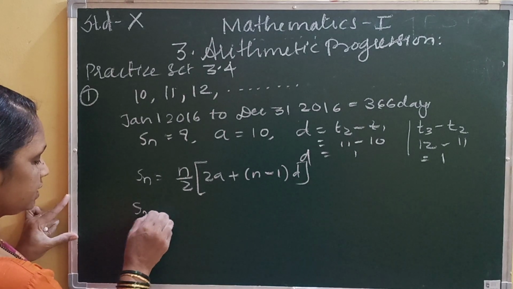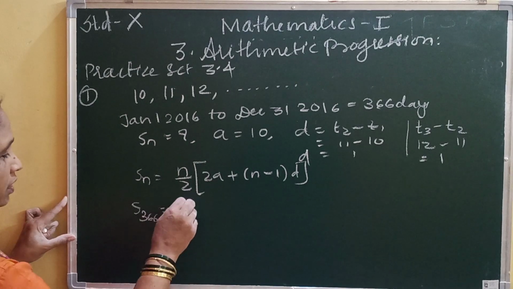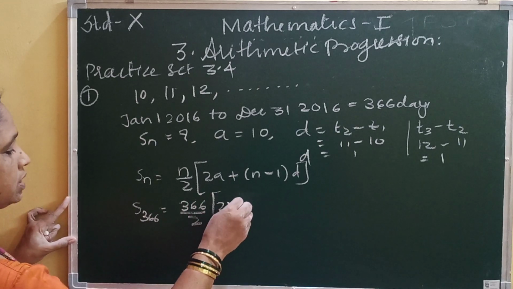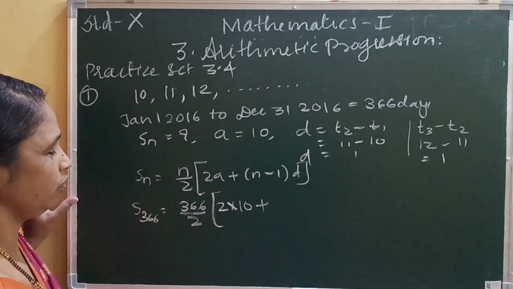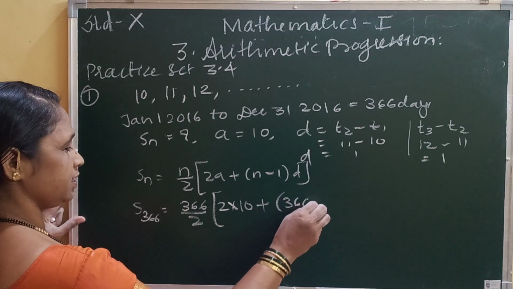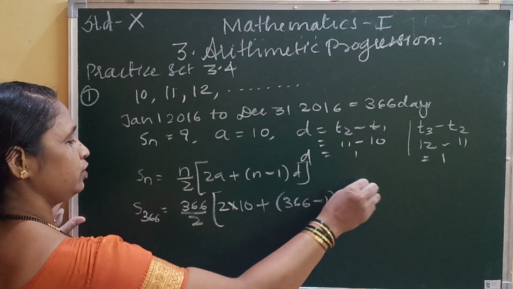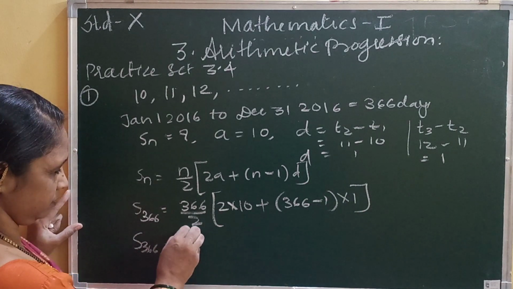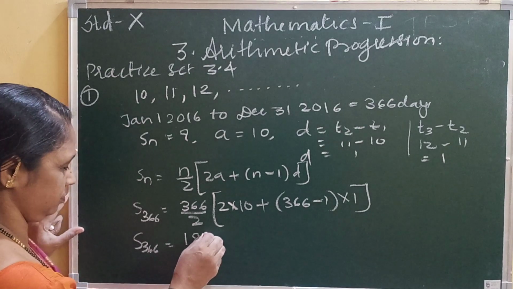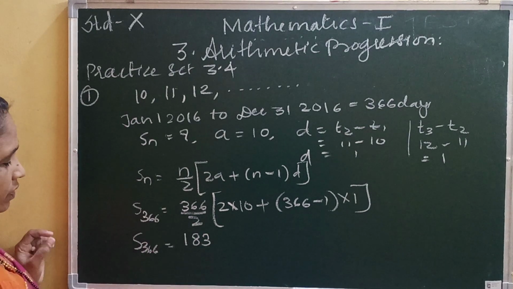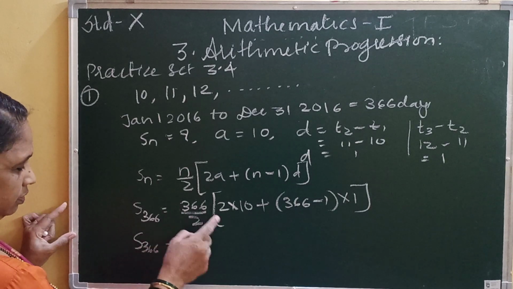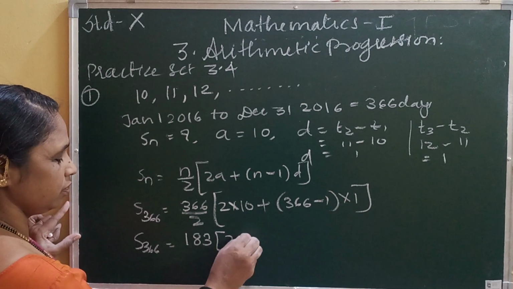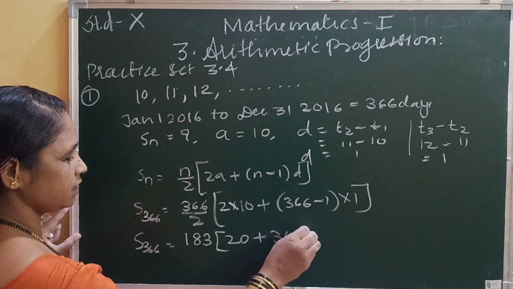So S366 is equal to n, which is 366, upon 2, into 2 times the first day's saving, 10 rupees, plus number of days 366 minus 1 into 1. So S366 is equal to, now we can divide this, into now this bracket: 20 plus 365.